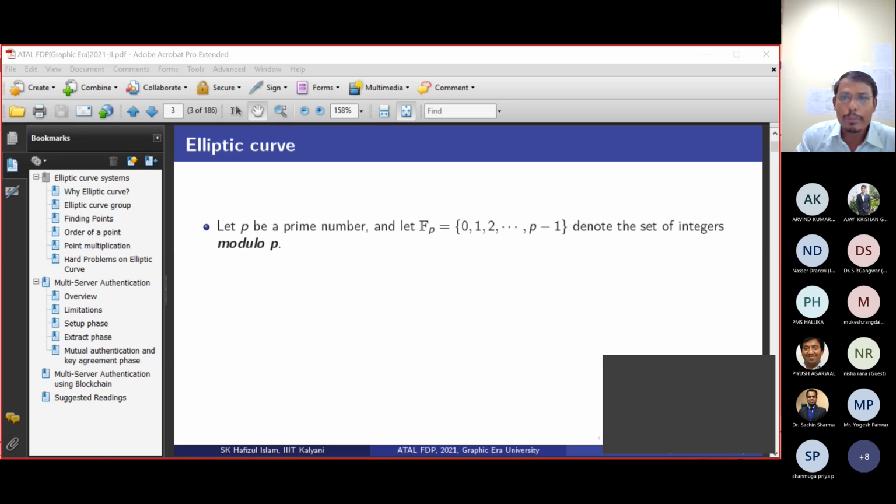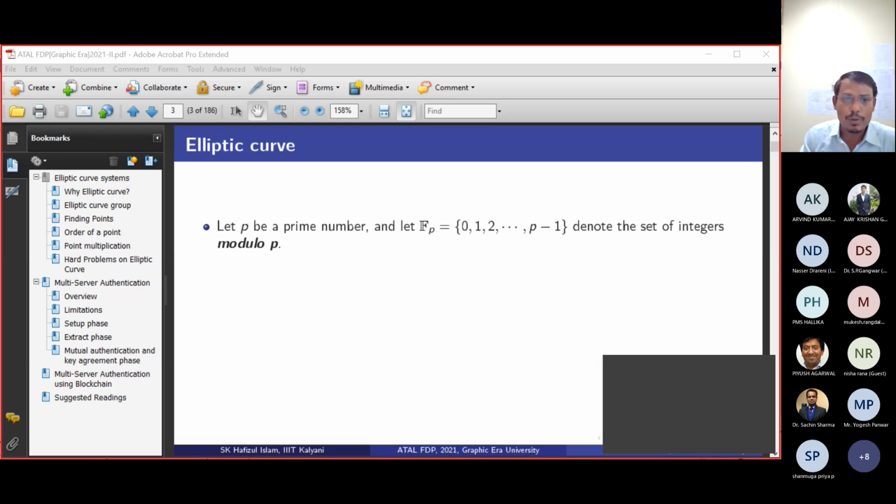Then we can say b is the inverse of a mod p. In this case 0 has no inverse, and as p is a prime number, all the nonzero elements less than p will be invertible. So this is the mathematics behind this.